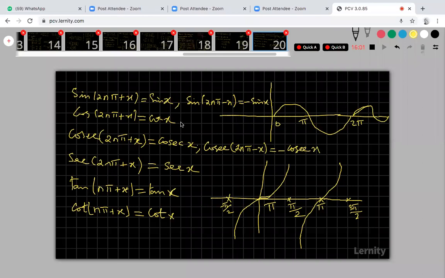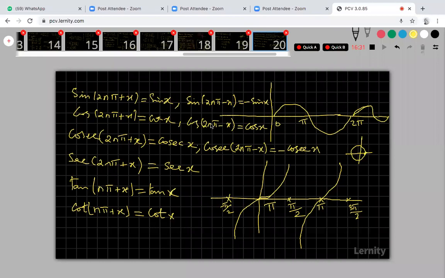What about cos? Cos of 2n pi minus x is cos x only. Because 2 pi means one complete revolution, finishing here.